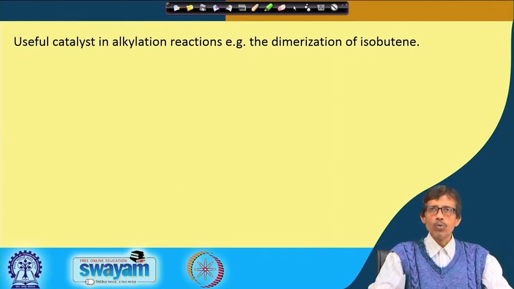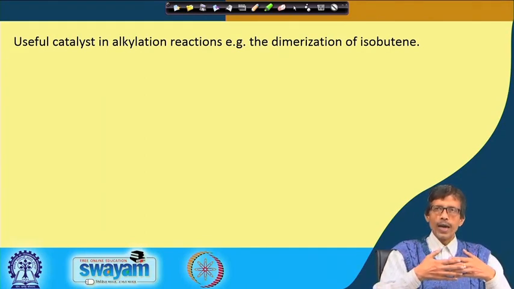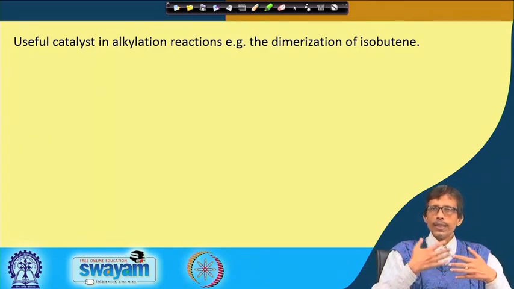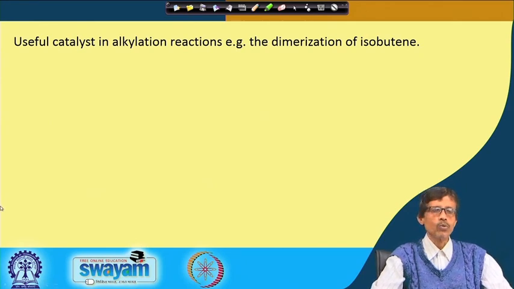So, in all these typical organic molecules or organic backbones, if you go for alkylation reactions, one such simple example is you take isobutene and attach two isobutene units, that means the dimerization of isobutene. In that particular case this material can function as a good catalyst.